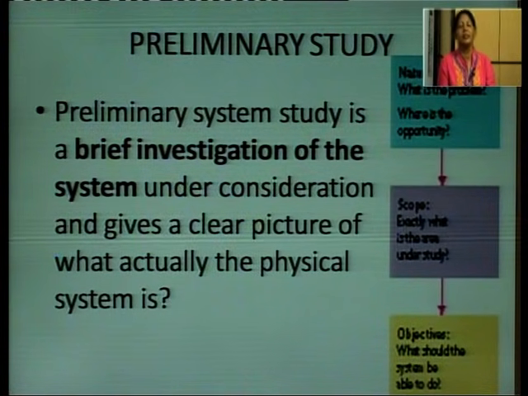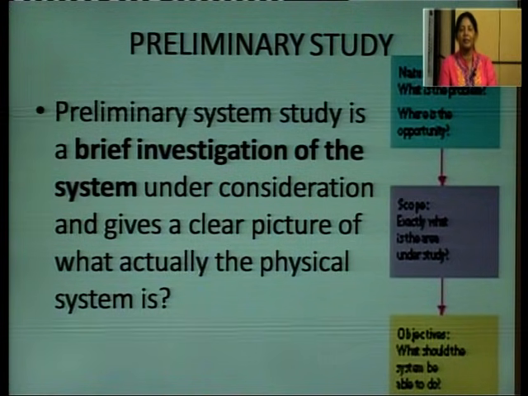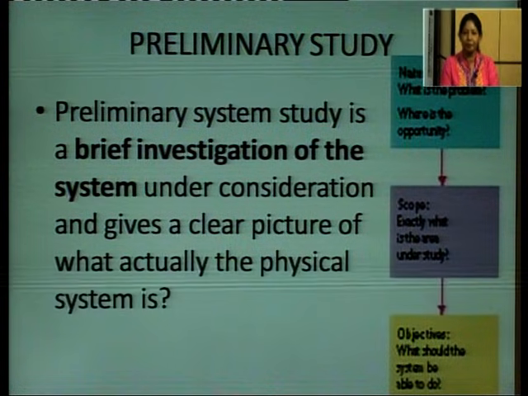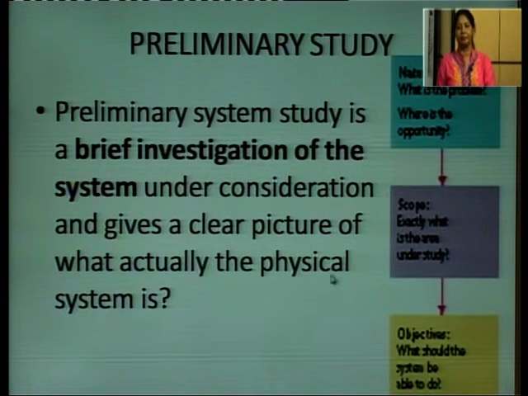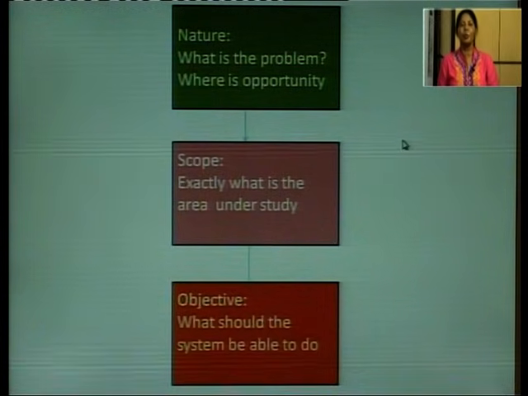So, the preliminary study is the very first phase of the system development life cycle, and it gives a brief investigation and a very clear picture of the system. For example, the nature means what is the problem and where is the opportunity.